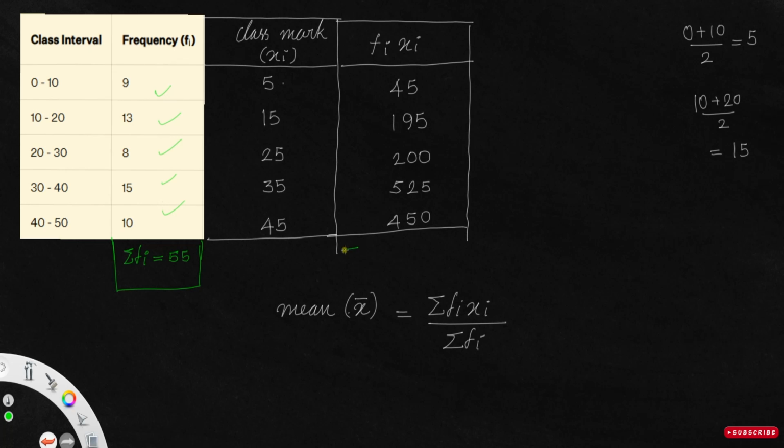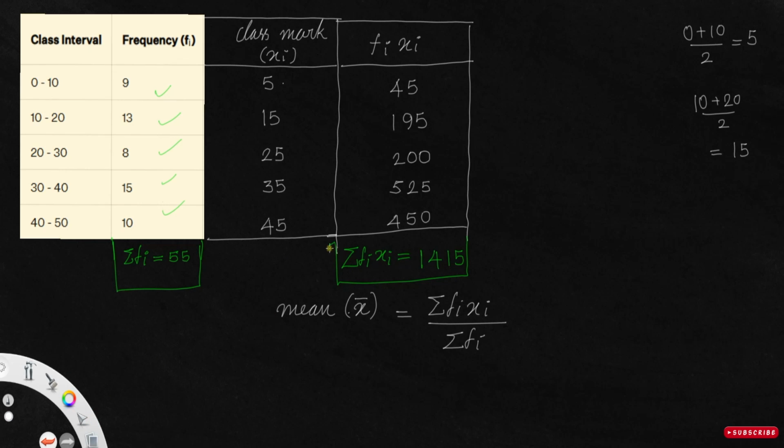Now you have to find sigma fi xi, the summation of fi xi. So let me add 45 plus 195 plus 200 plus 525 plus 450. That will give 1450. Now we have sigma fi and sigma fi xi.